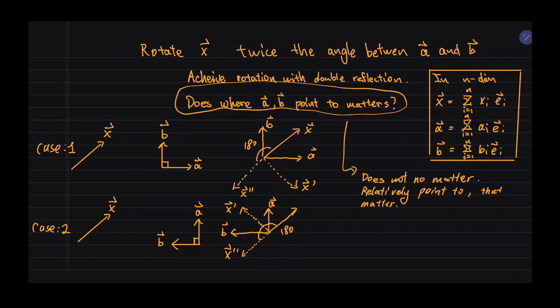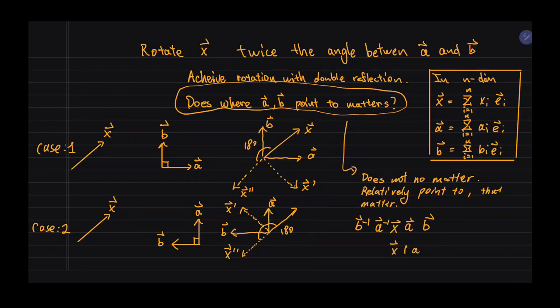So this gives us the expression. We know how to do the reflection. For example, reflect with a: we use a x a inverse, and then we reflect with b: b inverse. So this is like a sandwich product.